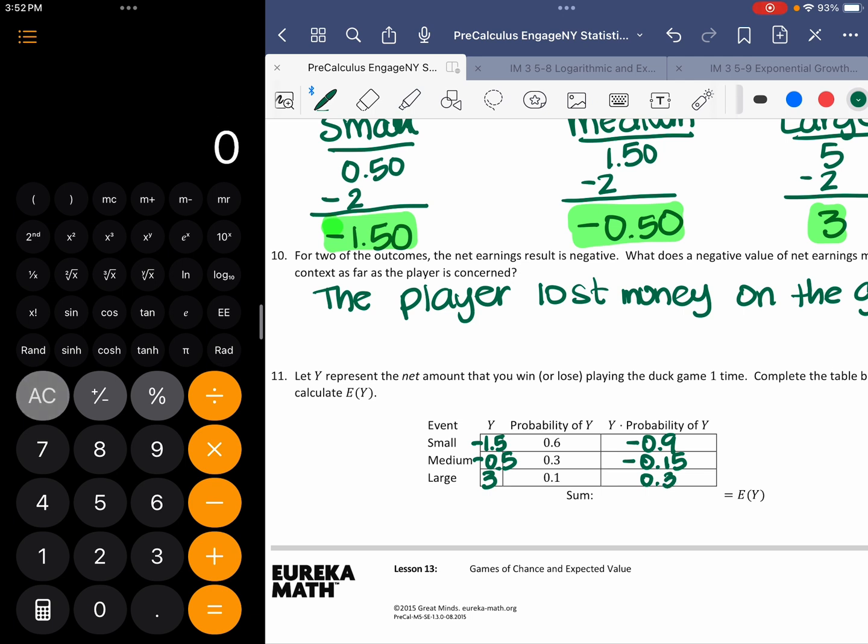So if I add all of these numbers together, negative 0.9 plus negative 0.15, excuse me, plus 0.3, on average, we should be losing 75 cents every time we play this game if the buy-in to play this game was $2. Okay, so you can put a $ sign in front of that. It's a little bit funky to see a $ sign and then a negative, but we'll let it be.